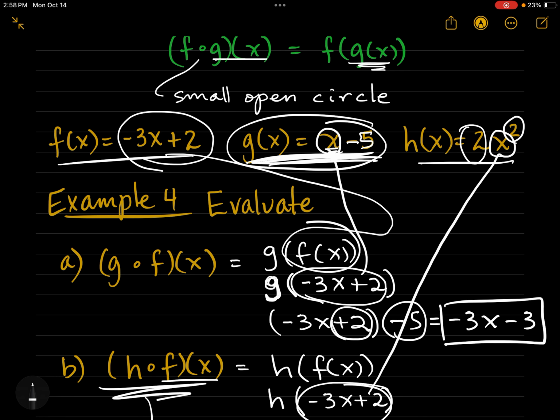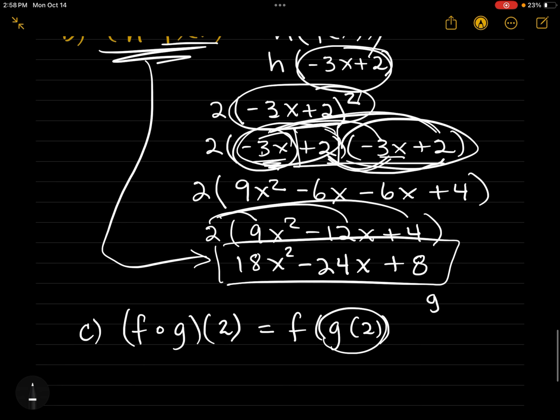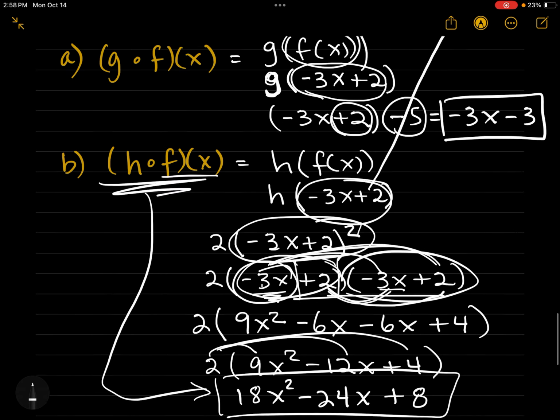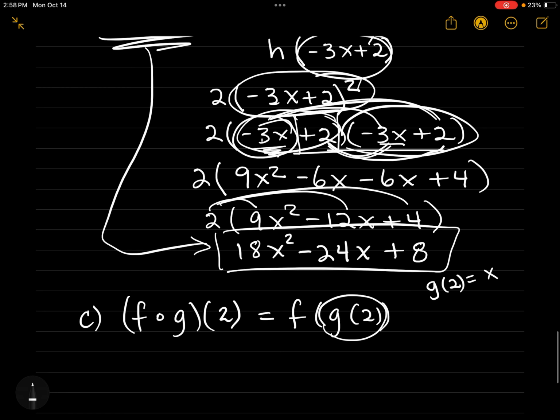G of 2, I just plug 2 in for x. So g of 2 would be, what was that, x minus 2? No, x minus 5. So instead of x, I'm going to put the 2 in here, and g of 2 equals negative 3. And now I can easily put the negative 3 here.